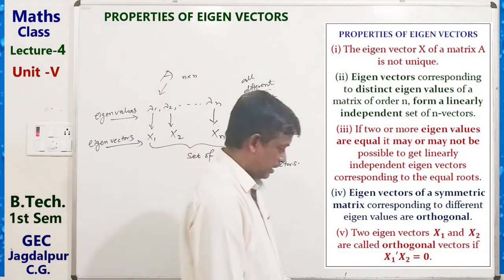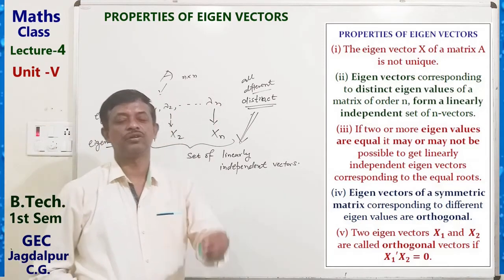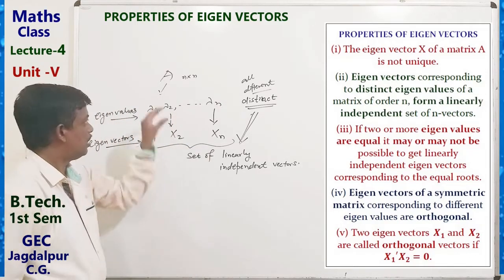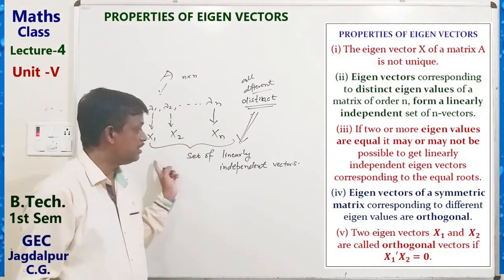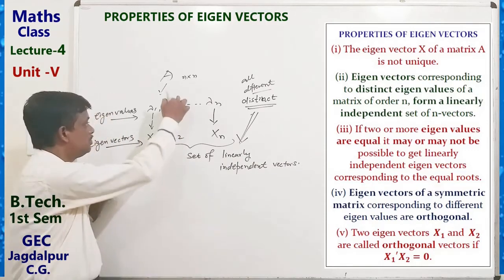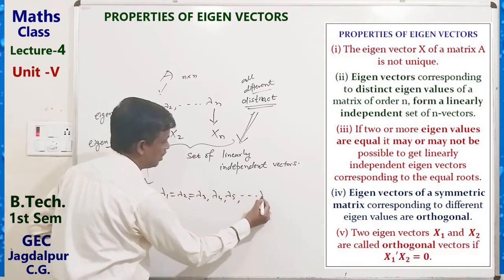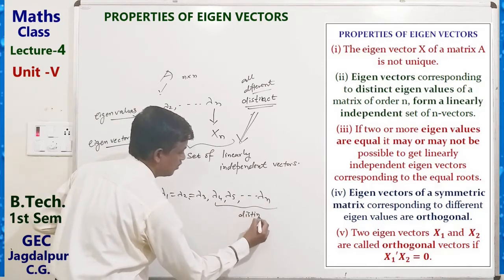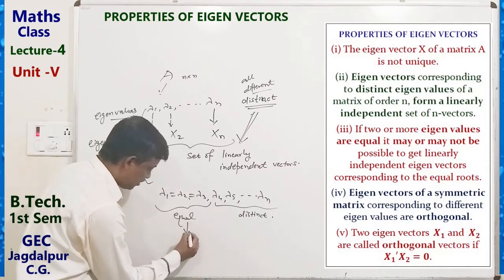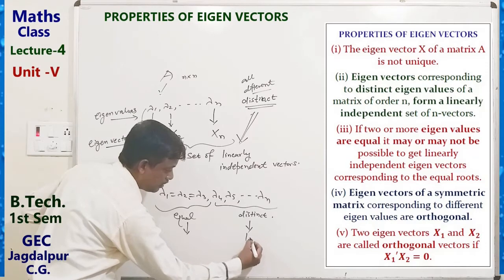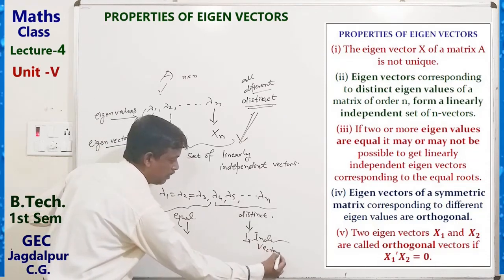Clear? And if two or more eigenvalues are equal, then we may or may not get linearly independent vectors corresponding to these equal eigenvalues. Suppose lambda 1 equals lambda 2 equals lambda 3, and the remaining lambda 4, lambda 5, up to lambda n are distinct.